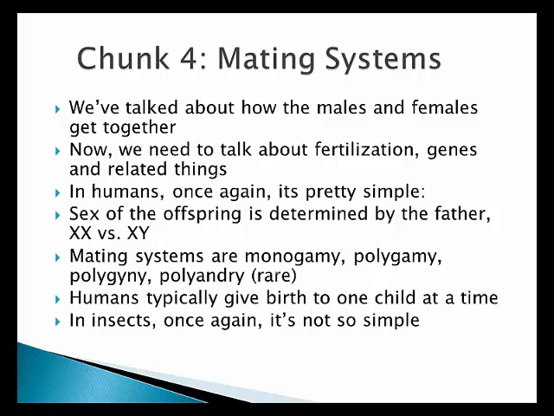And now, at long last, it's time to talk about mating systems. In humans, once again, it's pretty simple. In terms of sex determination, females will have two copies of the X chromosome, making her XX, and males will have one copy of the X and one copy of the Y chromosome, making him XY.